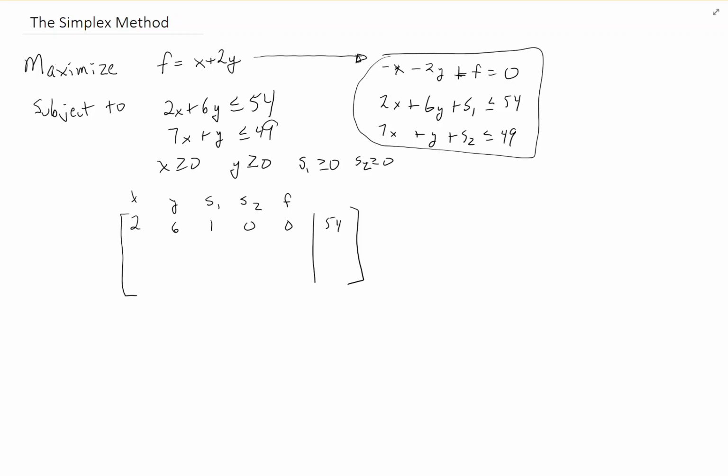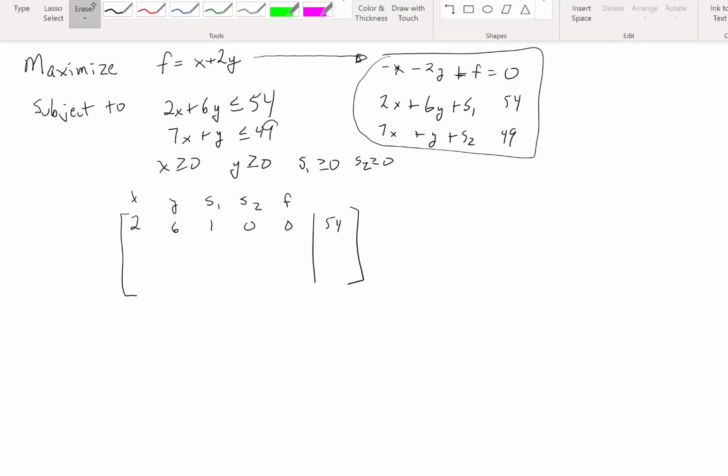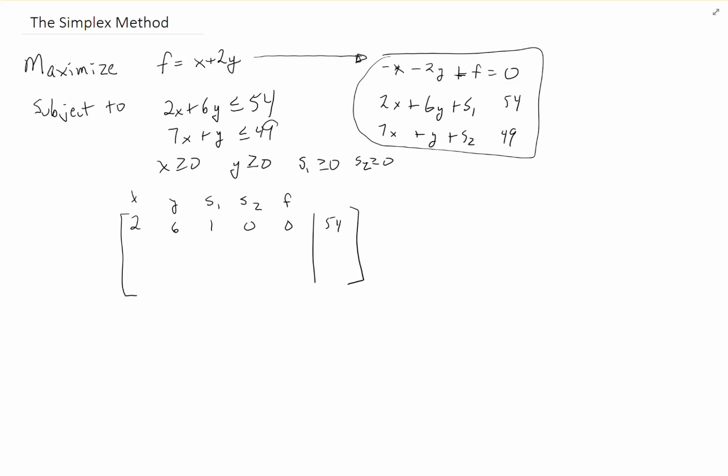I also just realized that I wrote less than or equal to up here when these two should be equals. That's why we're introducing the slack variable, to turn the inequalities into actual equations.